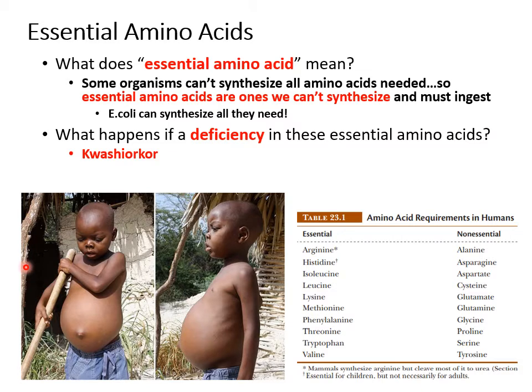And that's actually part of where it got its name from. It comes from a dialect where that means something similar to the sickness the baby gets when the new baby comes, because they're basically weaned off the milk too quickly, and so they don't end up getting the proper amount of protein.